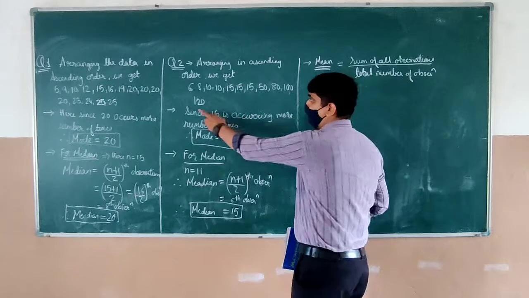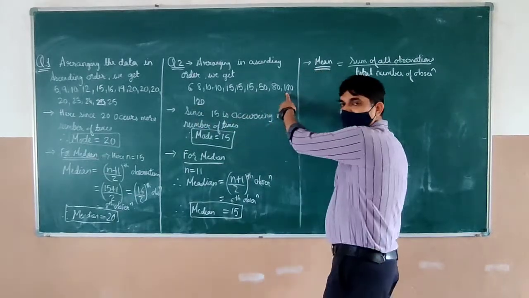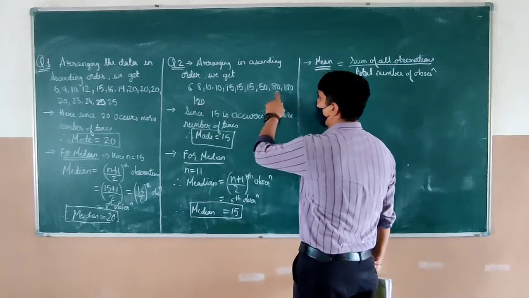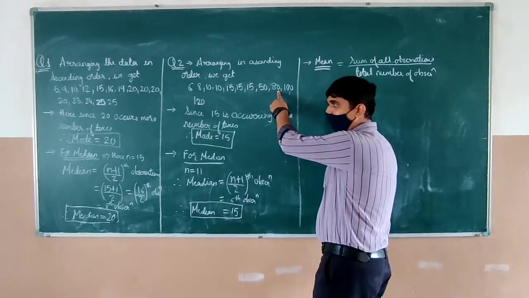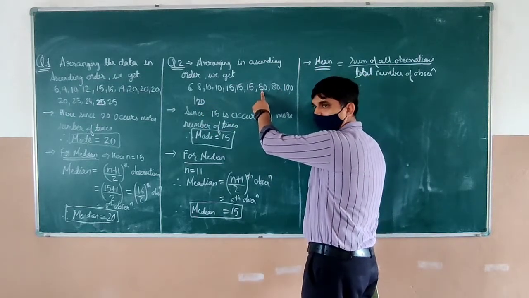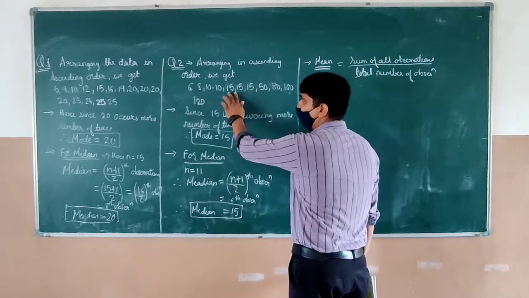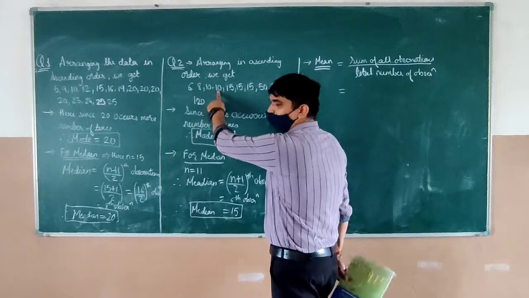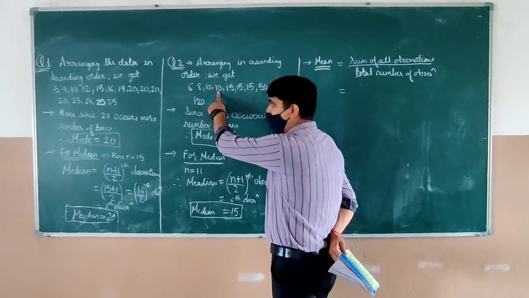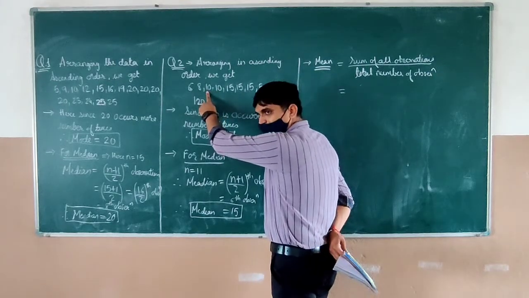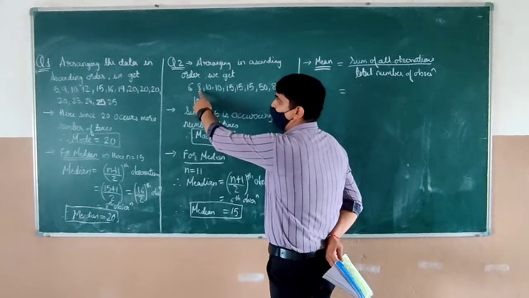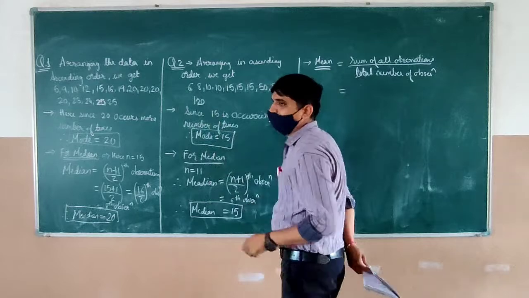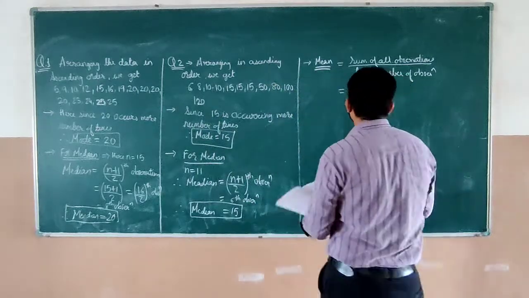100 plus 100, 200, 220. 220 plus 80, 300, 350, 350 plus 45, 395, 95 plus 10, 405, 405 plus 10, 415 plus 8, 423, 423 plus 6, 429.